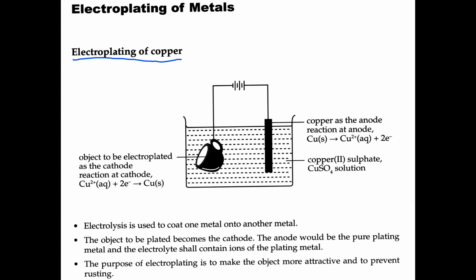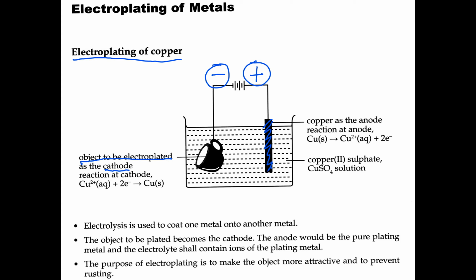The object to be electroplated will be placed at the cathode. So the object at the cathode is connected to the negative end of the battery. Pure copper is connected to the anode, to the positive end of the battery.